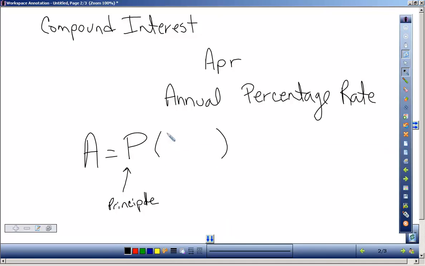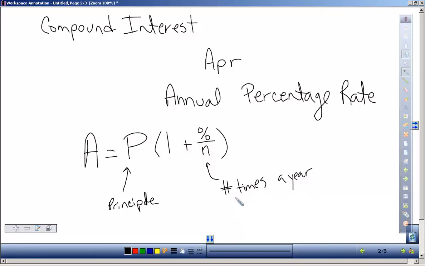So it is principal. And then for our growth factor, it's 1 plus the percentage rate, but that gets changed a little bit because, as we said, you have to take the APR, the percentage rate, and divide it by the number of times a year you compound your interest.